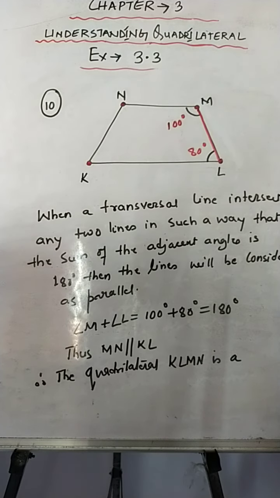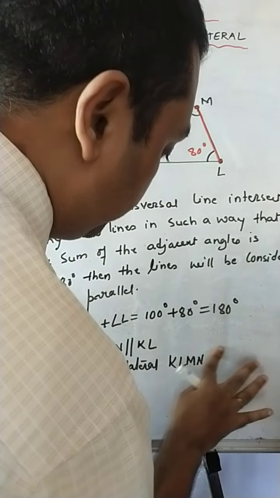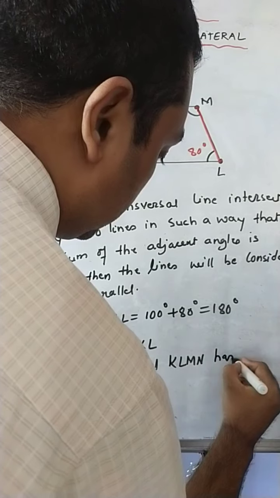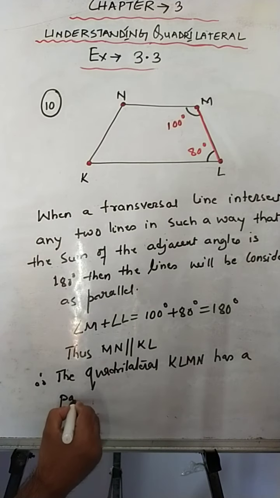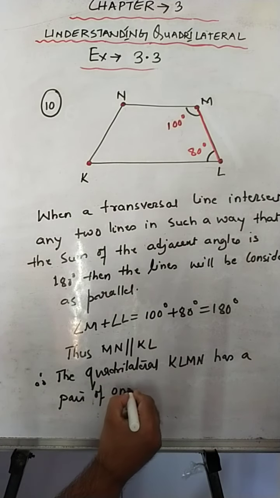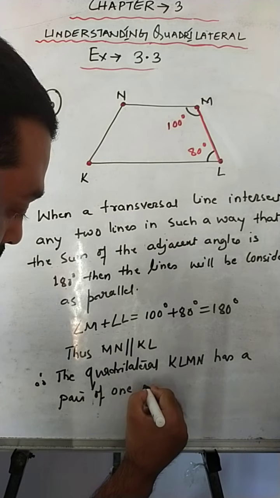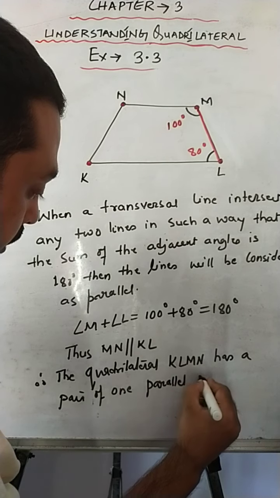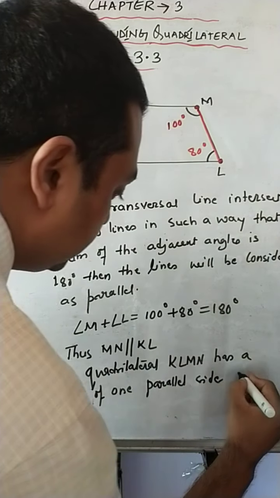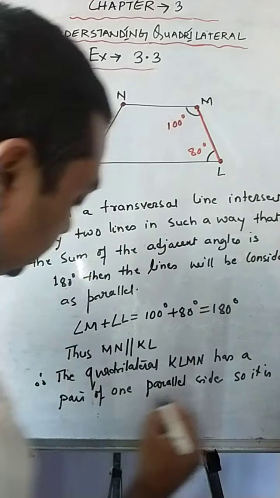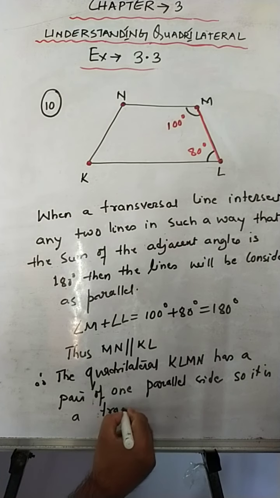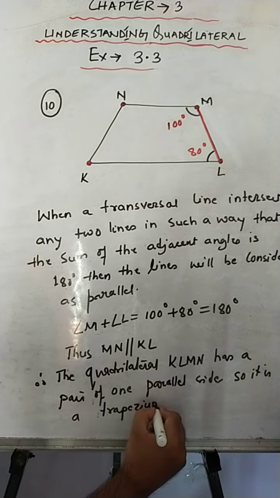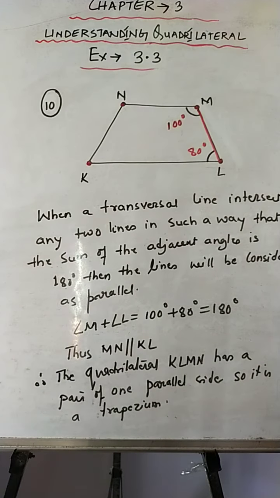KLMN has one pair of parallel sides, so it is a trapezium. I hope I have been right. The quadrilateral KLMN has one pair of parallel lines, so it is a trapezium.